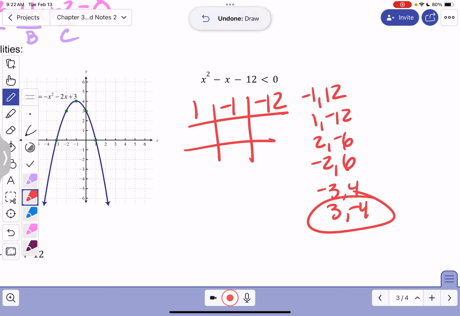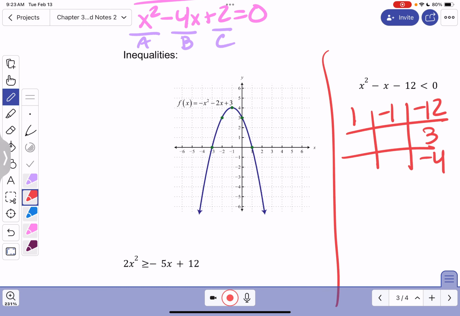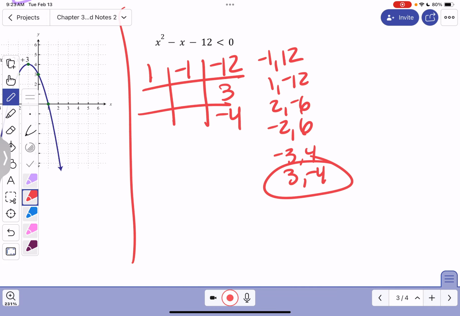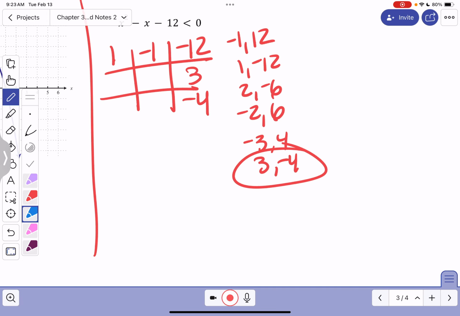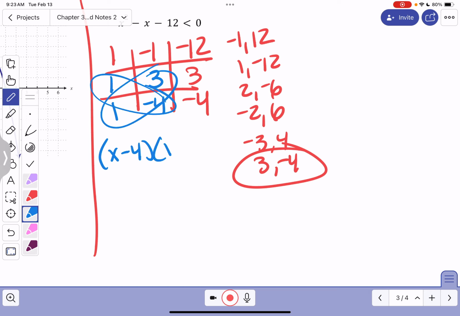And this is the pair that gives us 1. Oh, okay. That was this one here. This equation does not match that graph, okay? So now greatest common factor of 1 and 4, multiply up, multiply across. We would get x minus 4 and x plus 3 is less than 0.